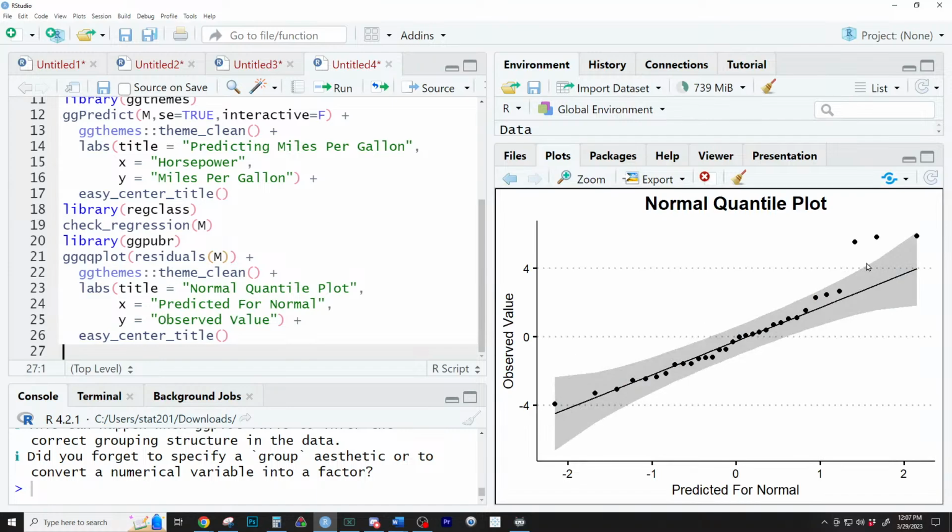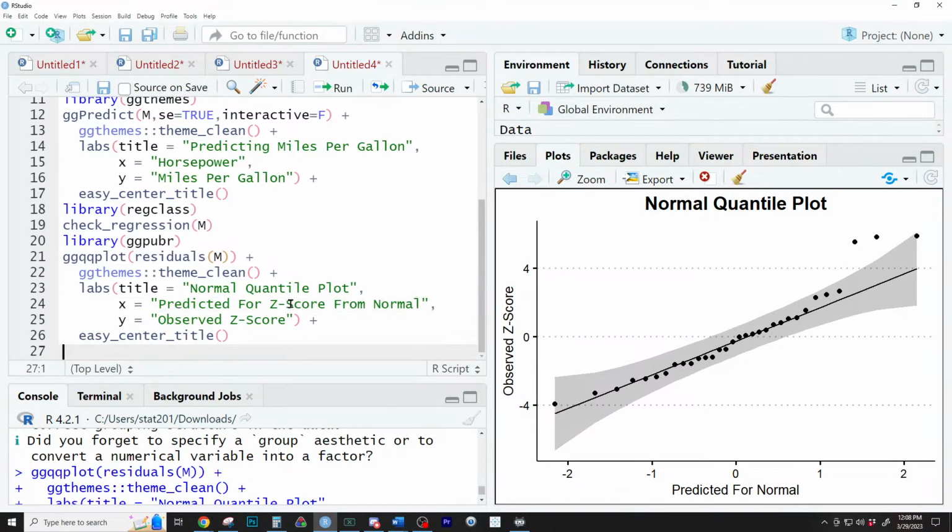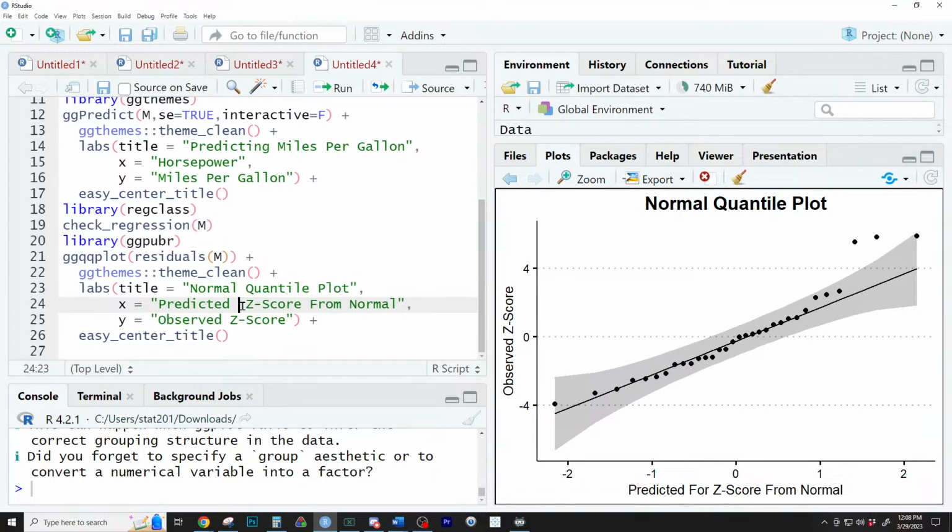So you can see over here on the far side that these are higher than they are predicted to be. So they're predicted to be over here, but they're a z-score much higher. These are all z-scores right here. So observed, we could say observed z-score. If you know what z-scores are, that would help. And predicted z-score from normal.